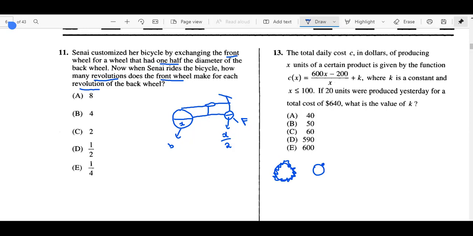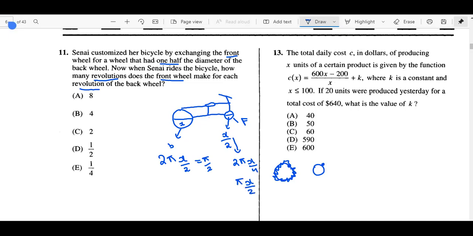So it's circumference. Let's just find the circumference of the back tire. It would be 2 pi x by 2, because r is x by 2. That is pi x. And if I talk about the front wheel, it is going to be 2 pi x by 4. So it would be pi x by 2.